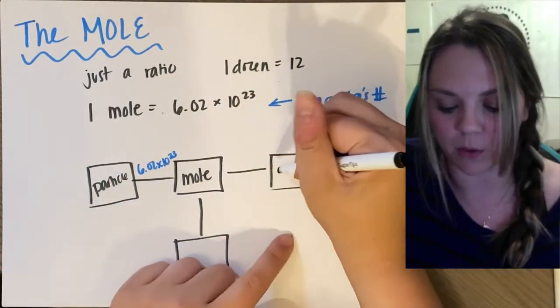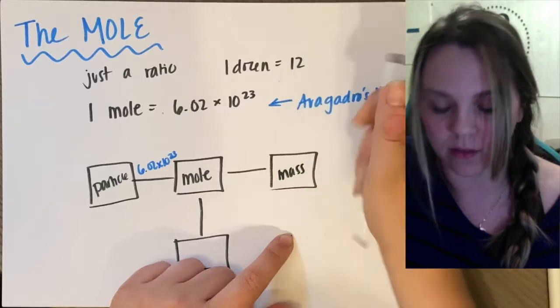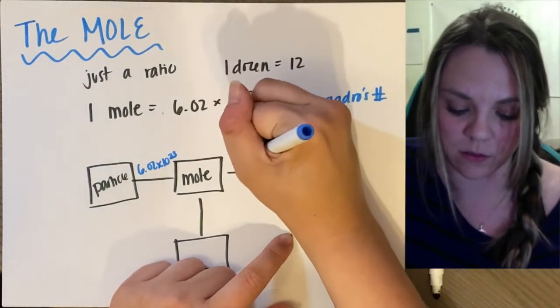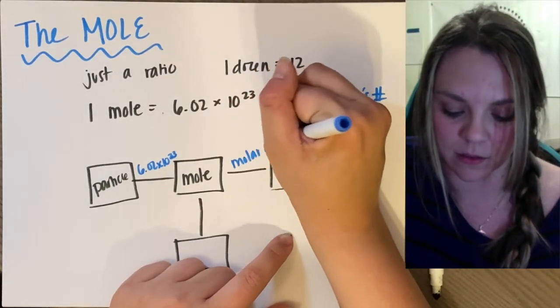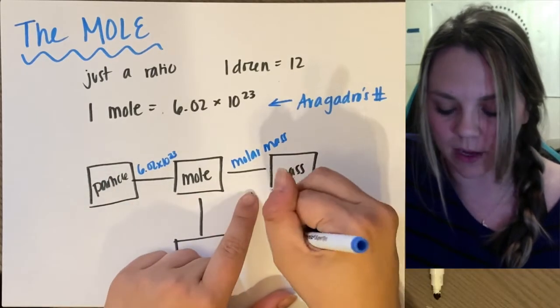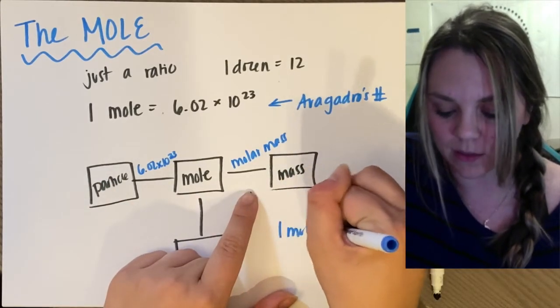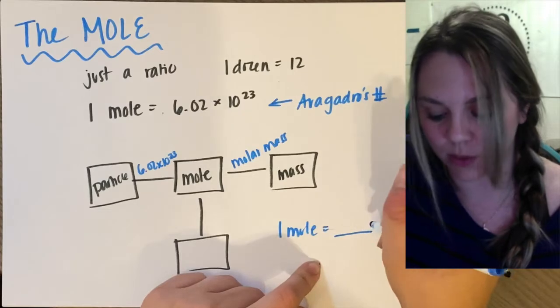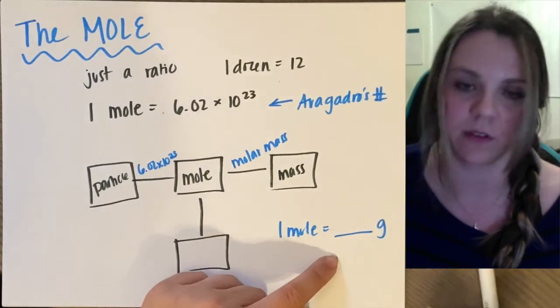If I was going from mole to mass, you use molar mass to convert. So molar mass: 1 mole of any substance is whatever its molar mass is in grams, okay?